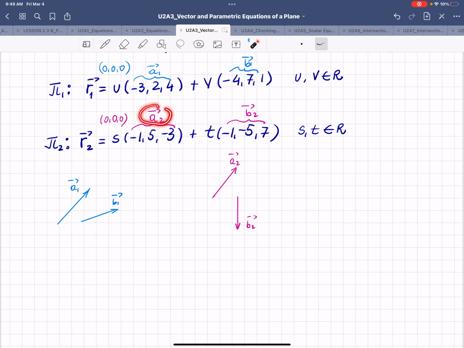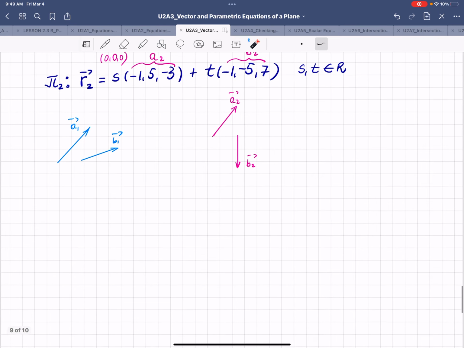Now, it doesn't matter which pairs or how you arrange the vectors. So you can substitute A2 into the equation of pi1 or B2 into the equation of pi1. And similarly, you can substitute A1 into the equation of pi2 or B1 into the equation of pi2. So in this case, I'm going to choose to use vector A1 and substitute it into the equation of pi2.